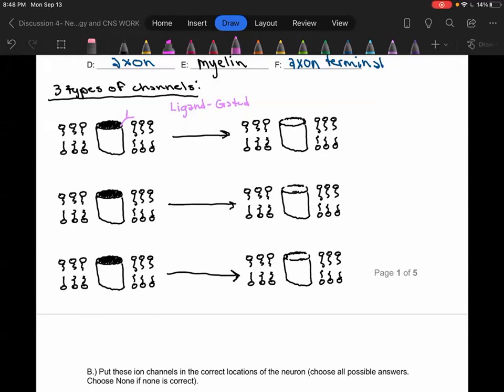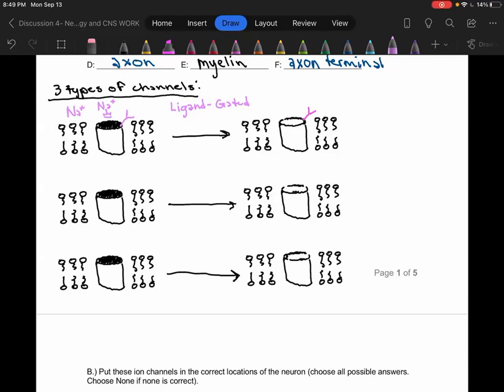So we have our ligand-gated channels. And so what happens is we, for example, will have some type of ion. We can use sodium because we use that quite often in this class. And what we see is that sodium can't just move into the cell. It needs some type of channel, and for sodium moving into the cell, in this case, we'll use a ligand-gated channel.